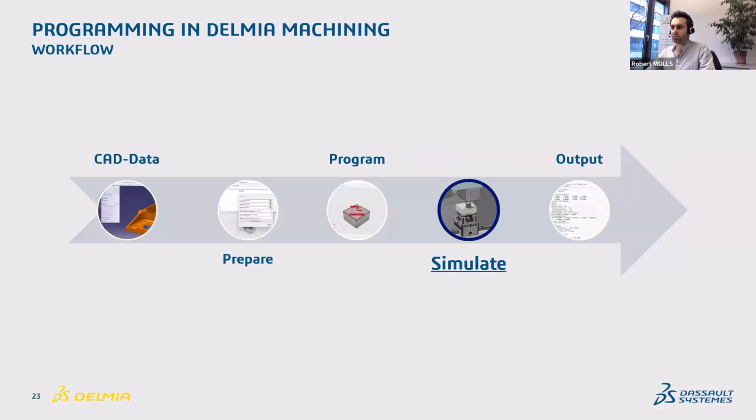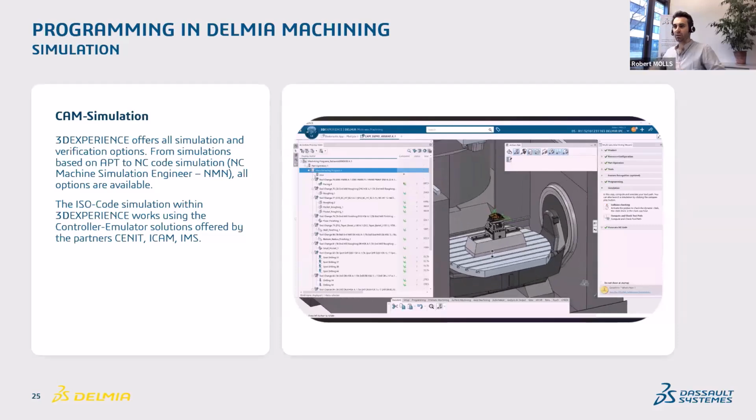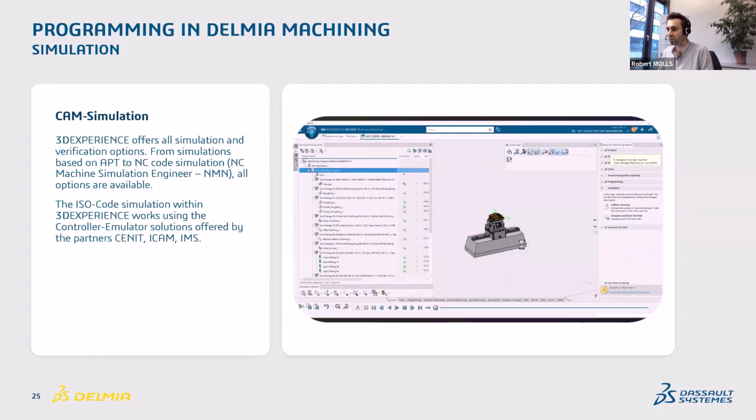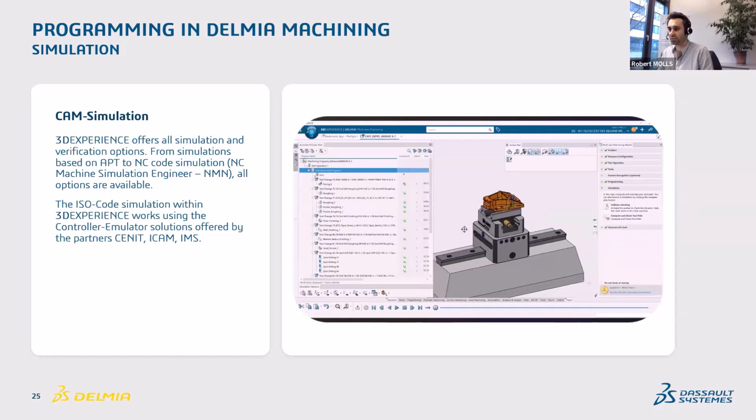When the programming is finished, the next step would be to simulate that program. So in 3D Experience, like in any CAM system, there are many ways you could simulate. It could just be by displaying or replaying the toolpath.